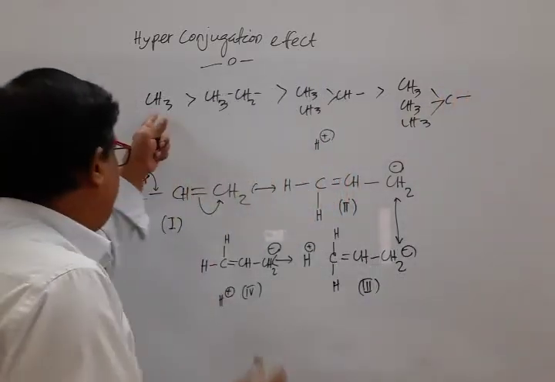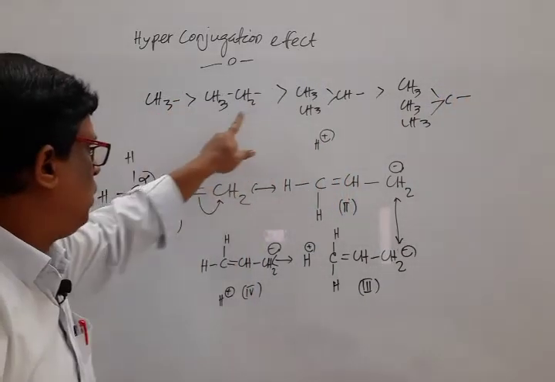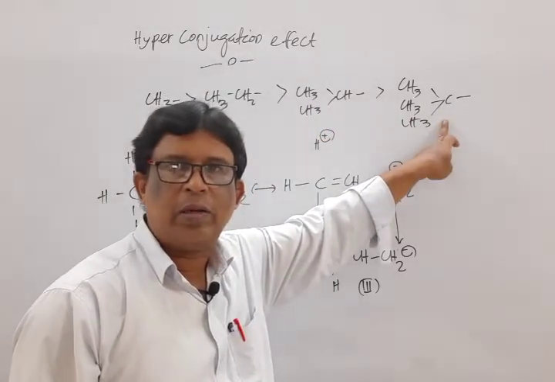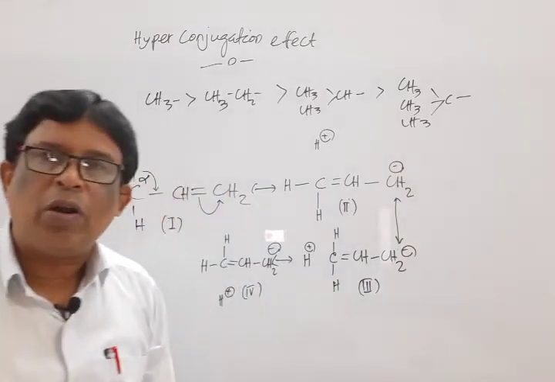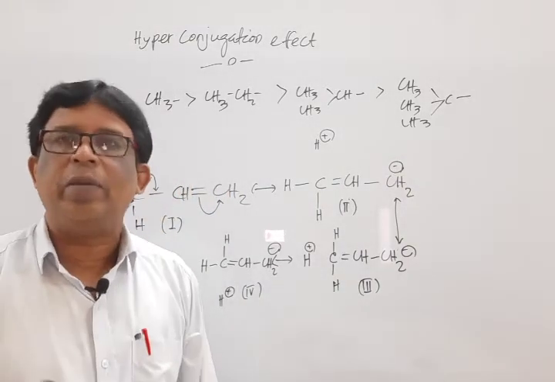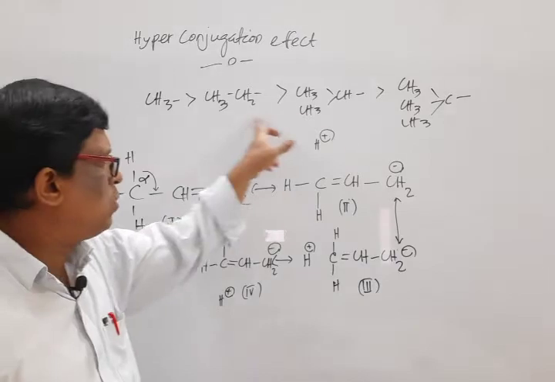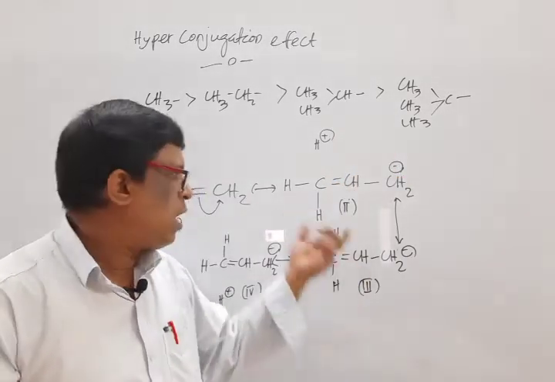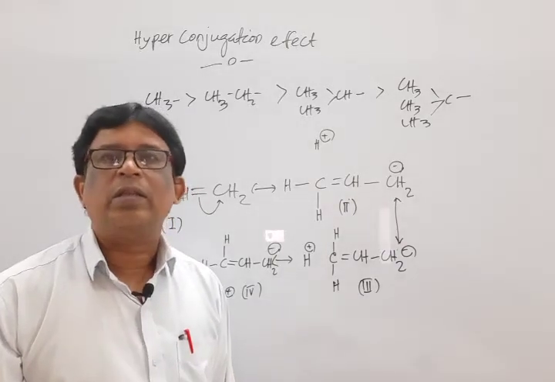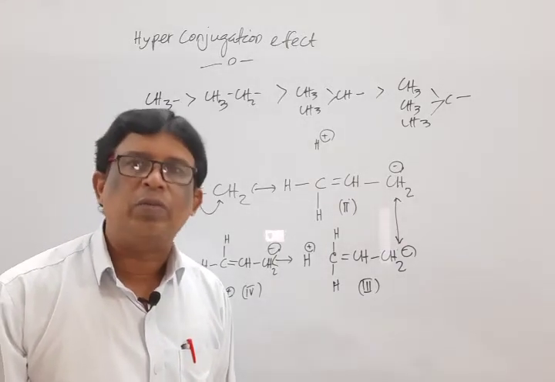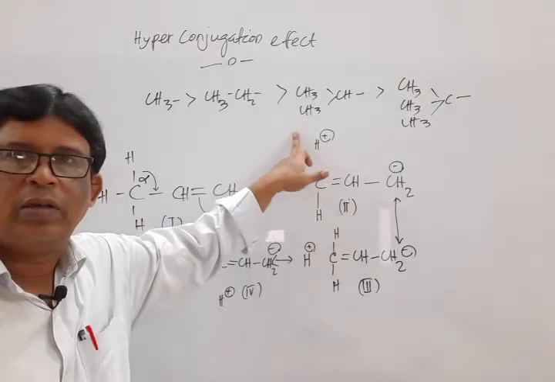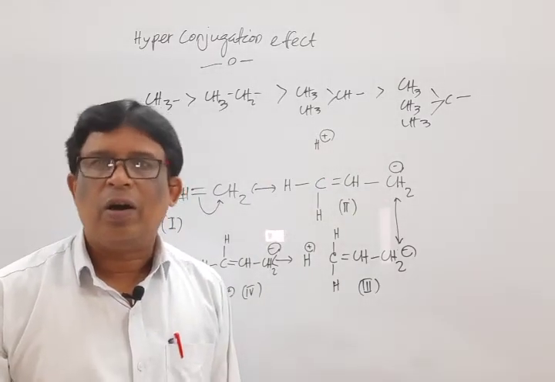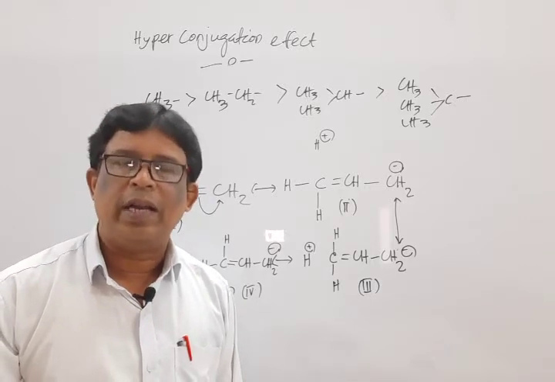Mark that, here there are 3 alpha hydrogen atoms, here 2, here 1, and here 0 alpha hydrogen atoms. Since the number of alpha hydrogen atoms increases reactivity, and this alpha hydrogen count gradually decreases, when an alkyl group is attached to a carbon-carbon multiple bond, the reactivity of that alkyl group decreases in this order. This effect is known as the hyperconjugation effect or no bond resonance effect.